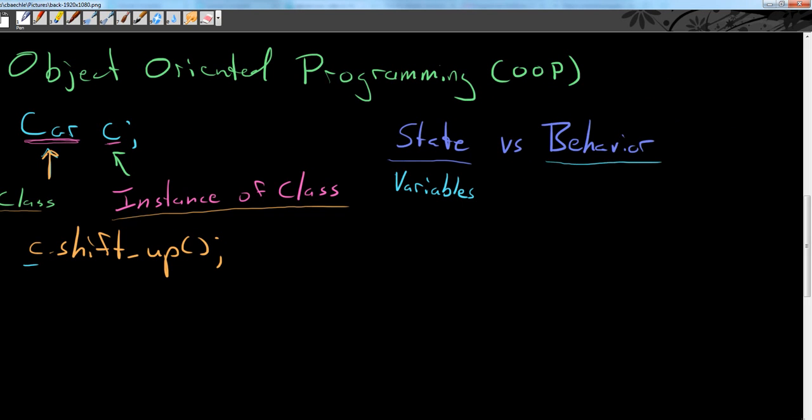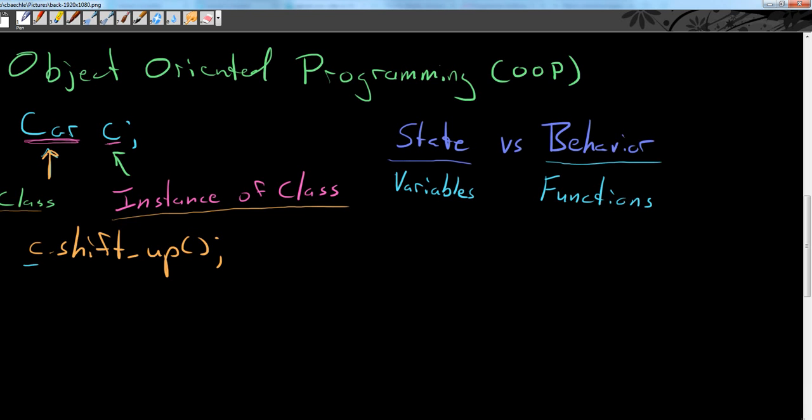The way we change state is what's known as behavior. And so when we talk about behavior, we're typically talking about functions. This is a little bit of an oversimplification, but this is just so you can understand things. Sometimes it's better to be simple and not quite 100% correct and actually have you understand it.